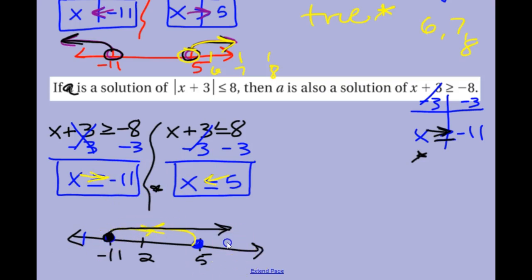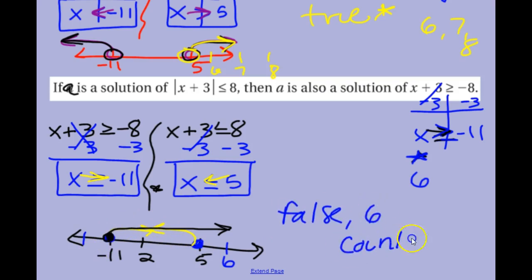If I pick the number, for example, like 6, greater than 6, so it's a solution here, x is greater than or equal to negative 11. Well, yeah, 6 is greater than negative 11, but is 6 an answer between these two? And that would be no. This is false, and the number 6 would be a counterexample.